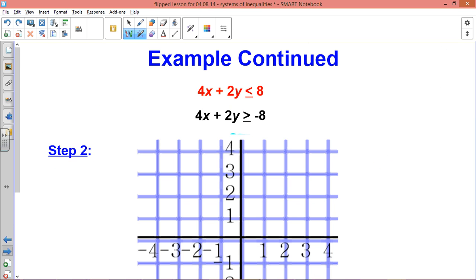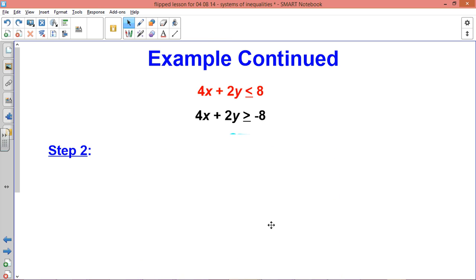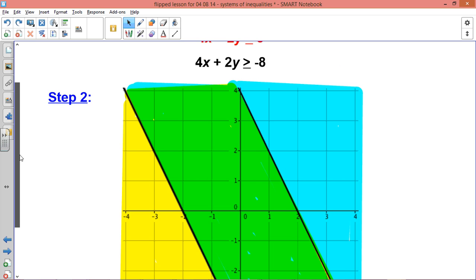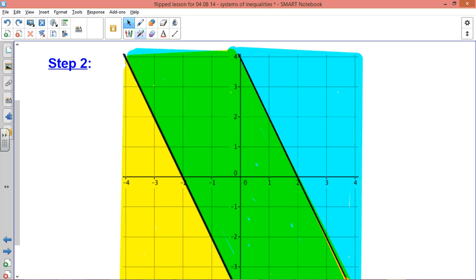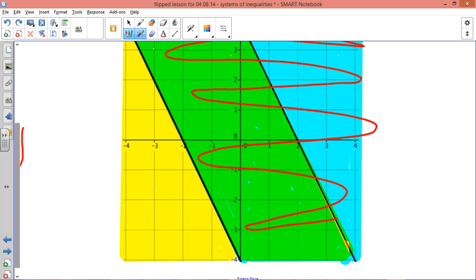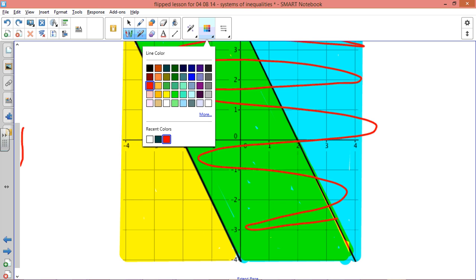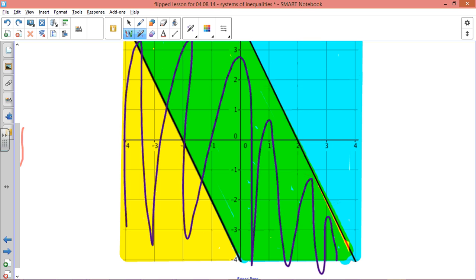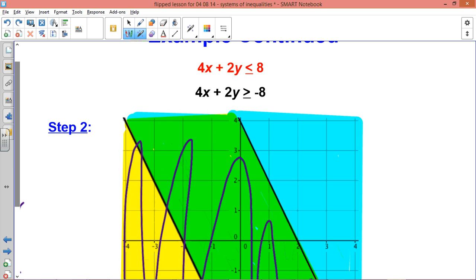So you should wind up with something like this, where I shade above my first line, everything right here. So I'm shading above the first line, and then I need to shade below the second line. Everything below this line right here, okay?